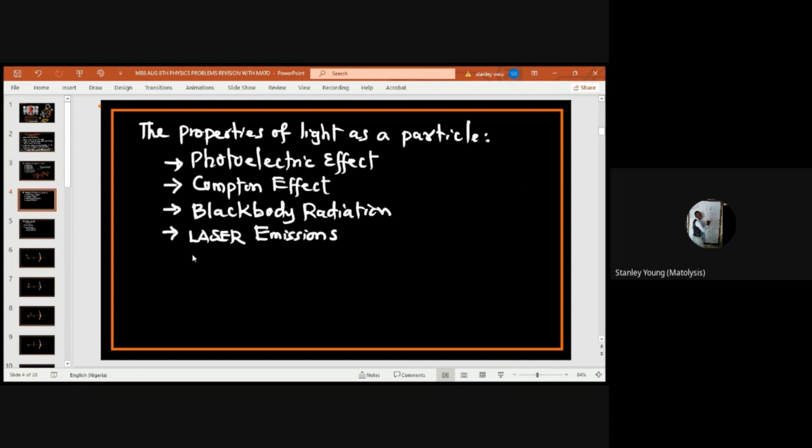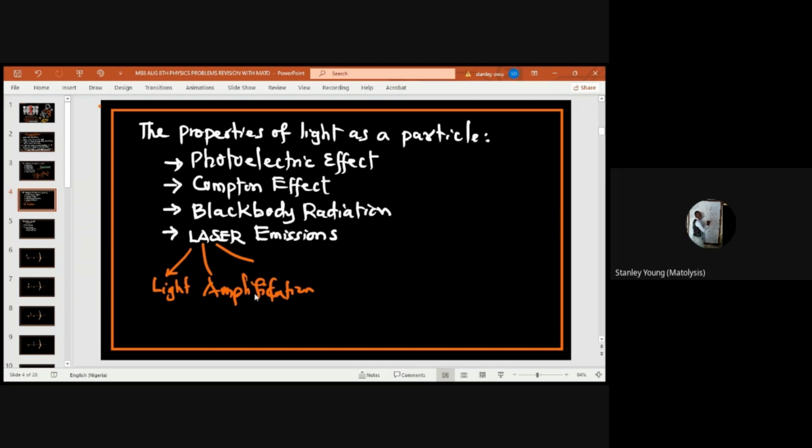Then we have laser emission. So the word laser is an acronym meaning light amplification by the stimulated emission of radiation.